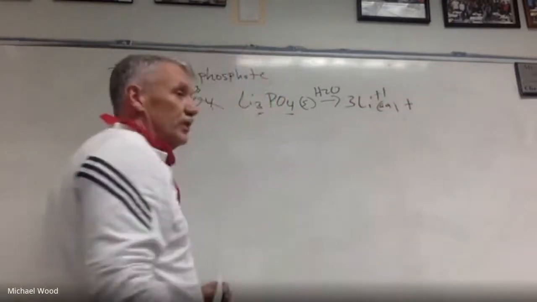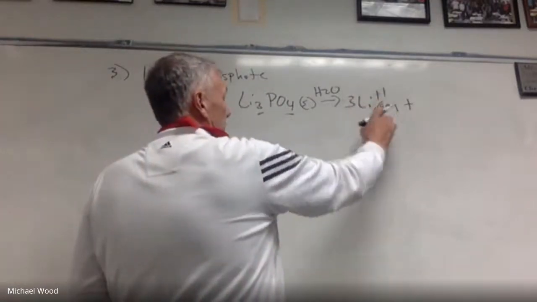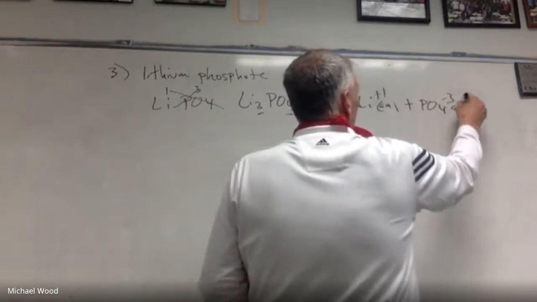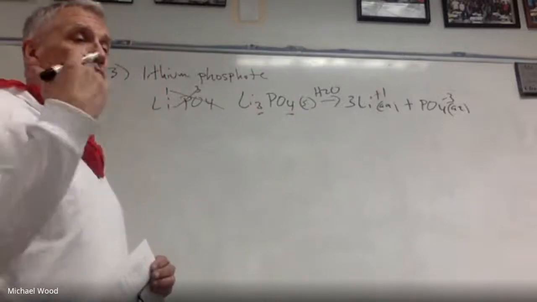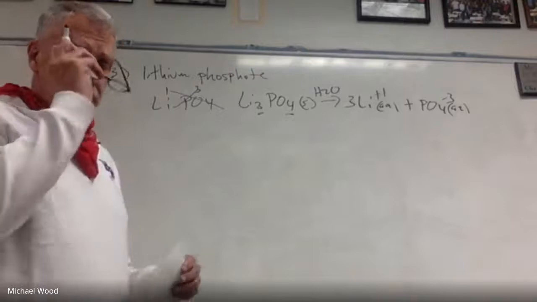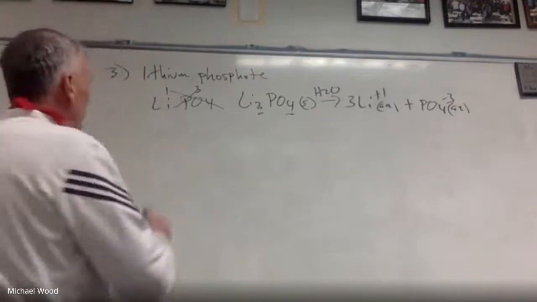Details are really important in this chapter. So remembering that this is a positive 1 like this, and then you have PO4 negative 3 like that. So that's the dissociation equation. This is a strong electrolyte. It would conduct electricity.